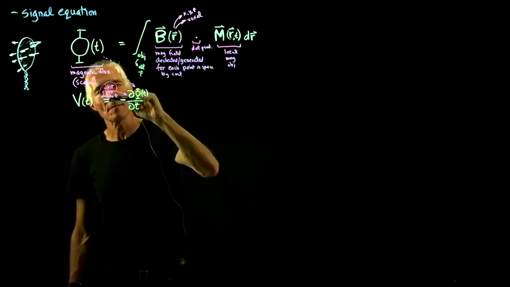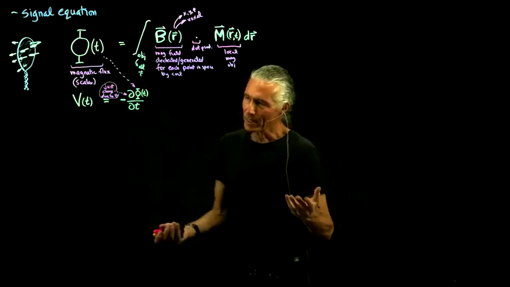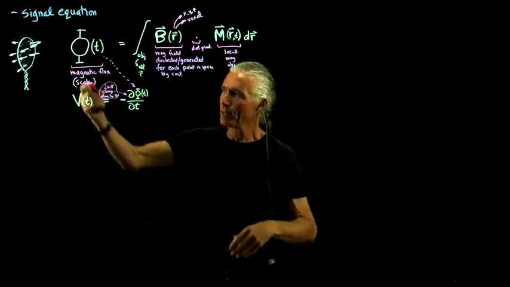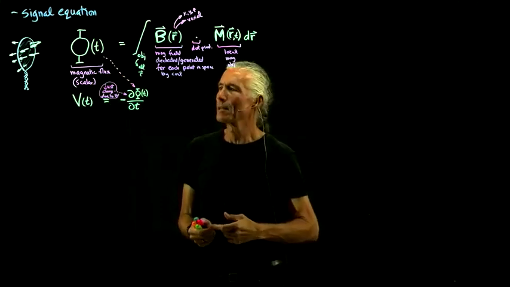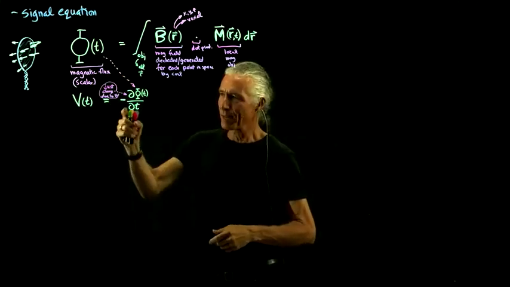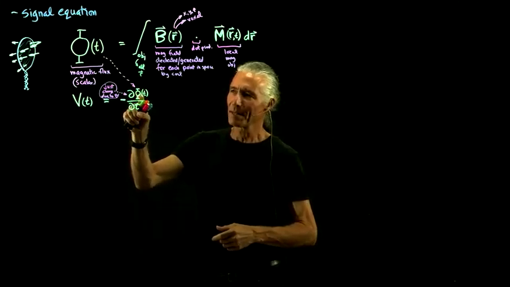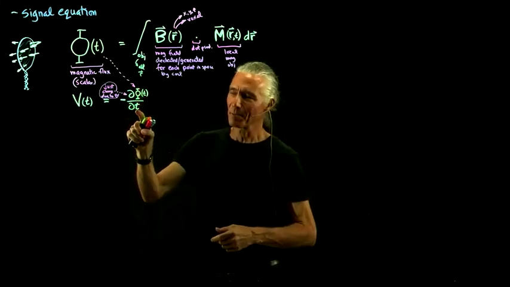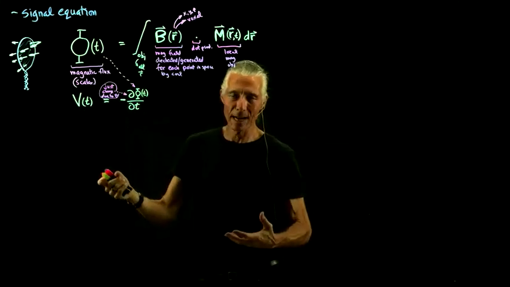That's what the partial derivative means. So there might be changes in flux in different parts of the coil, but we don't care about that. It's just the change over time. So it's the negative of the partial derivative of the flux with respect to time, and that will tell us what signal we actually see in the coil.